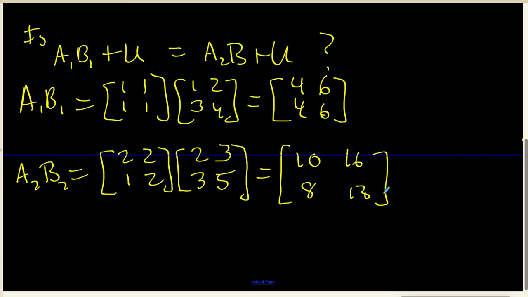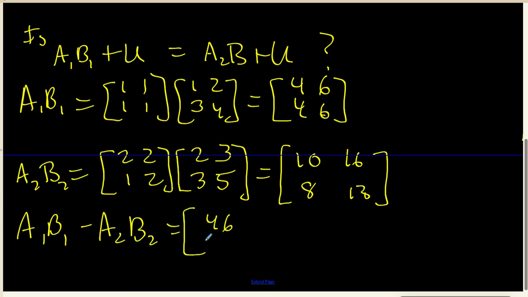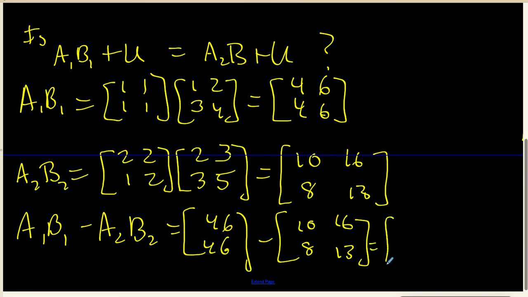And what I want to notice is that if I look at A1 B1 minus A2 B2, that's 4, 6, 4, 6 minus 10, 16, 8, 13, and that turns out to be minus 6, minus 10, minus 4, minus 7, and that is not upper triangular because this entry is not 0.